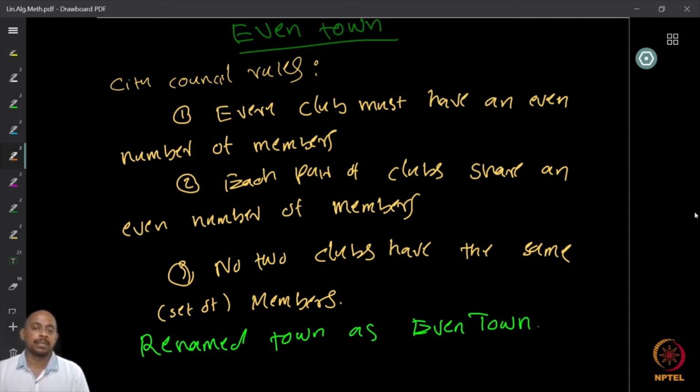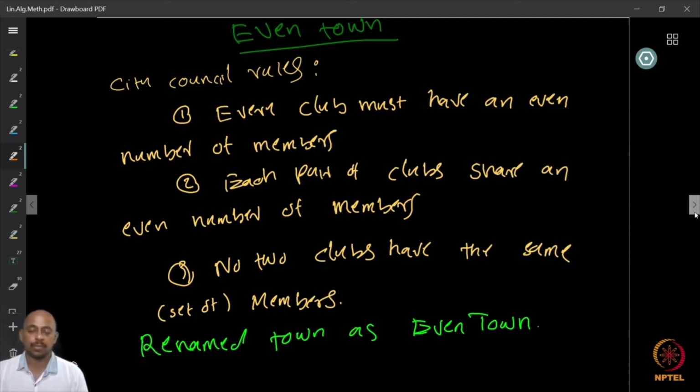So then, of course, with these new rules in place, they said that okay, our town is now known as Eventown. Now the clubs are all even membered clubs, so therefore we will have it as Eventown. So this resolution was passed, and then they said, okay, let's see what happens now. Okay, so after some time, they realized that this is not going anywhere.